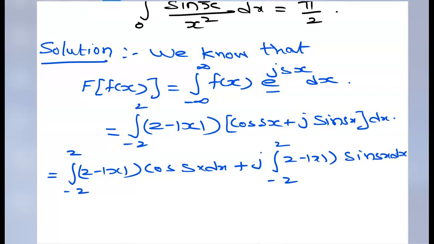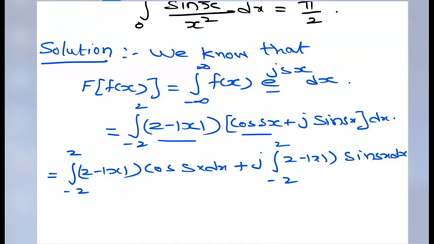What I have done is, this 2 minus modulus of x is common to cos s x and j sin s x, isn't it? First I am multiplying 2 minus modulus of x with cos s x dx, and then 2 minus modulus of x with sin s x dx.